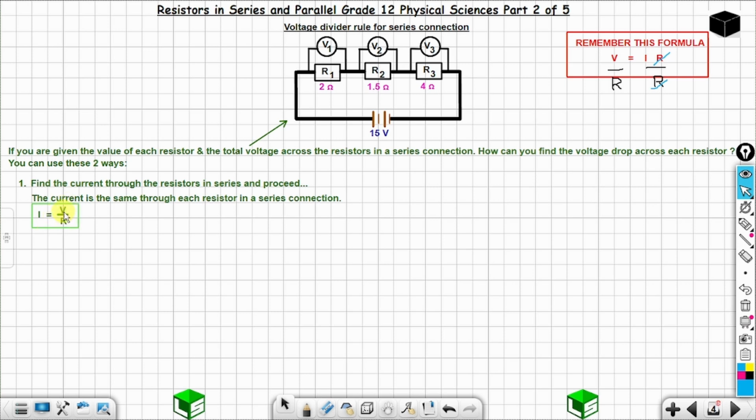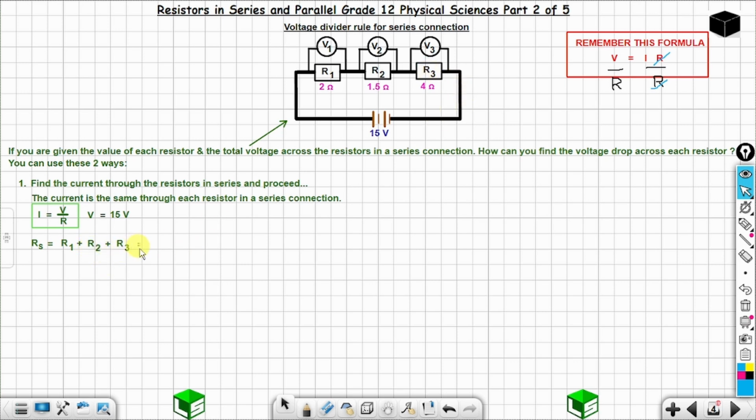You need the voltage. You are given the voltage, 15 volts. You need the resistance. Calculate the total resistance for a series connection. So resistance for a series connection is equal to R1 plus R2 plus R3.